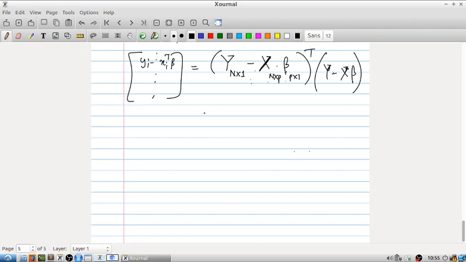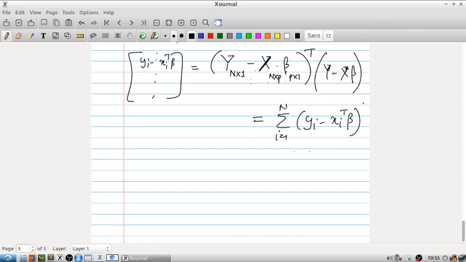We can actually quickly derive the optimal. So what is the best beta here, if that was the objective? As I said, this is the same as the sum over i equal to 1 to n of yi minus xi transpose beta, squared. This is the same thing in the vector notation.